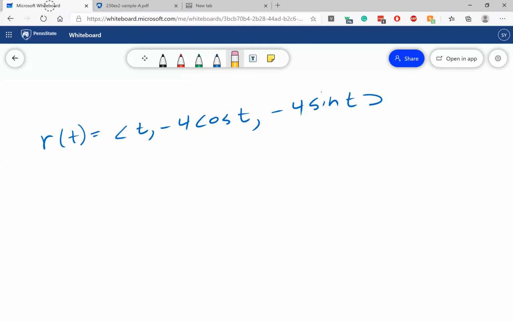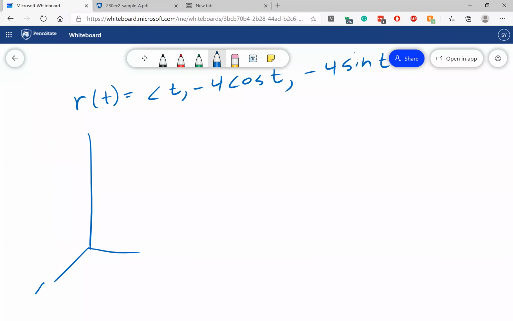Helix. Yeah. So this would be a helix, but it would be going in the x direction. So here's x, y, z, something that looks like that.